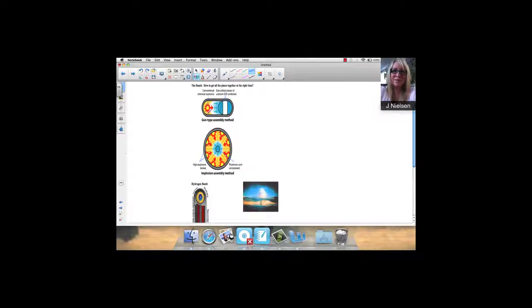All right. Lastly, what are they doing when they create the bomb? How are they getting all the pieces together at the right time? Well, you have a couple of different types. You have what's called a gun type assembly method, in that here you have 2 subcritical pieces of uranium-235.